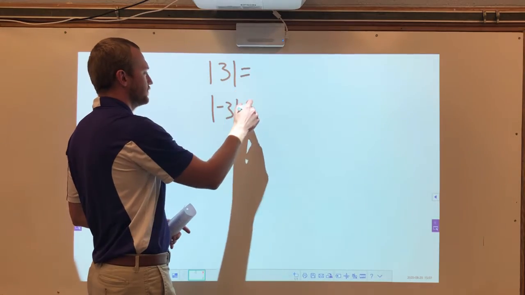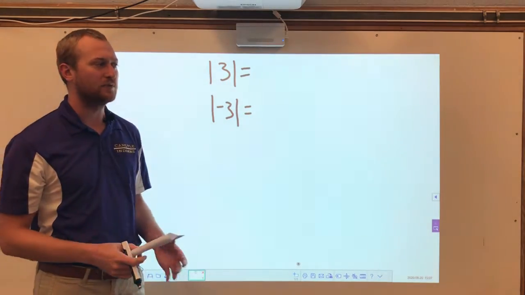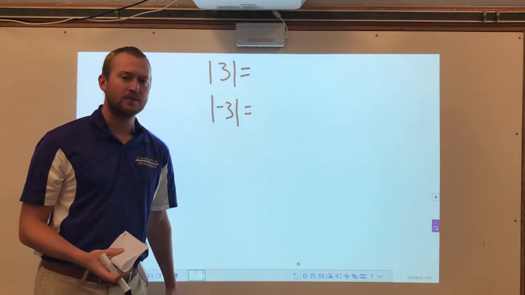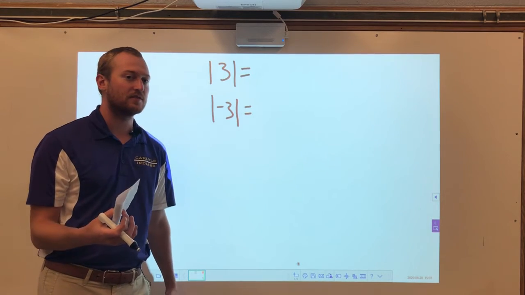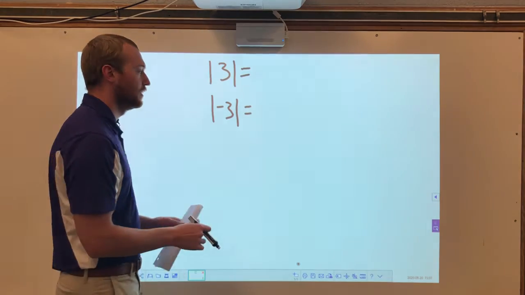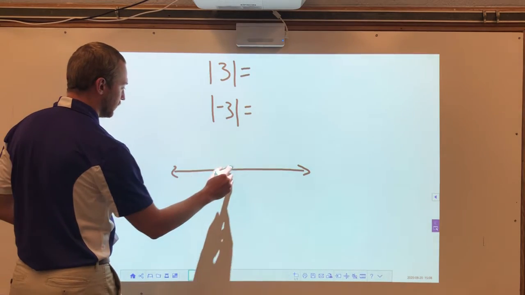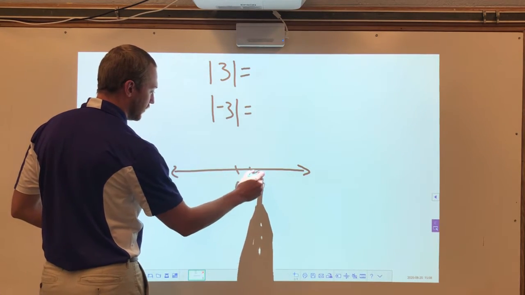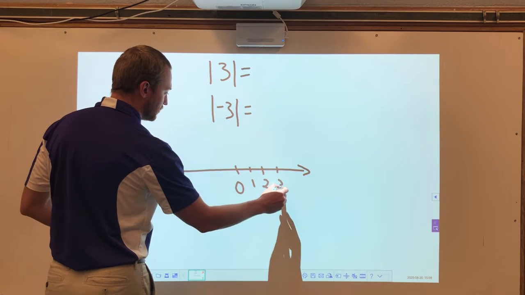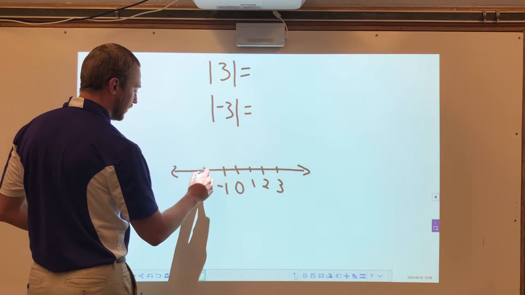So what is the absolute value of a number? It's pretty simple. It's basically just the distance from 0. So if we have a number line real quick, let's go all the way to 3 and negative 3.